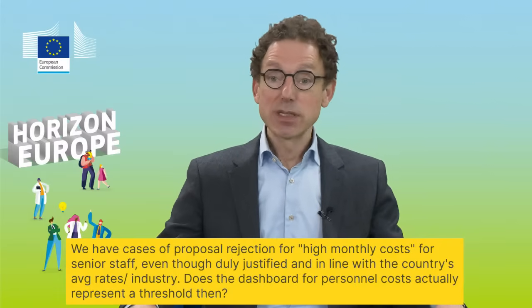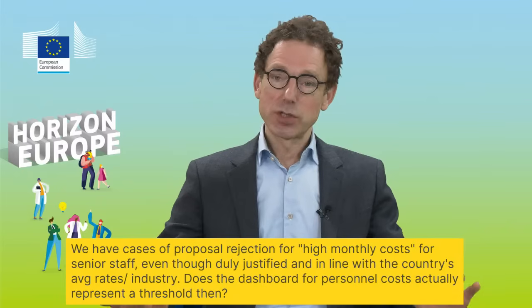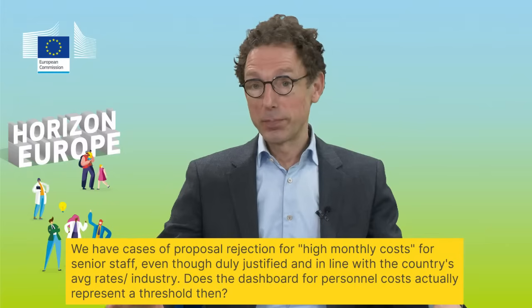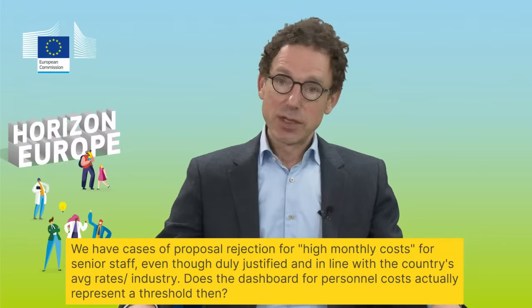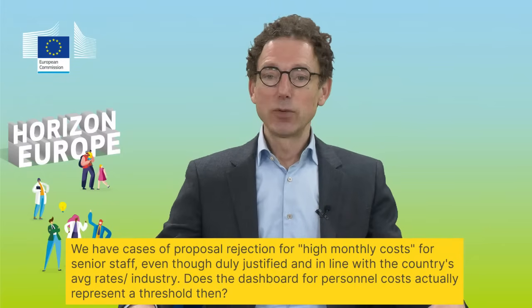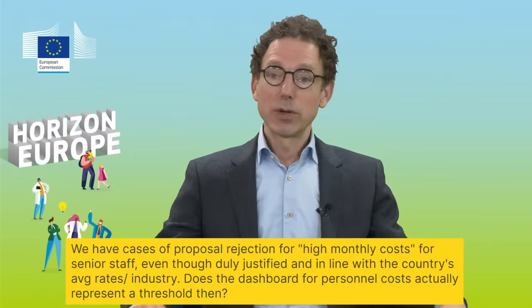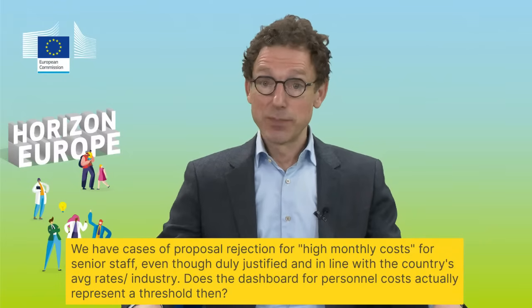The dashboard is an indicative resource to show what kind of personnel costs are reasonable. We have had cases where people have applied for 15,000, 20,000 euro for a postdoc per month. And this, in the vast majority of EU countries, is definitely more than they cost. So then the only reasonable thing to do is to cut it.